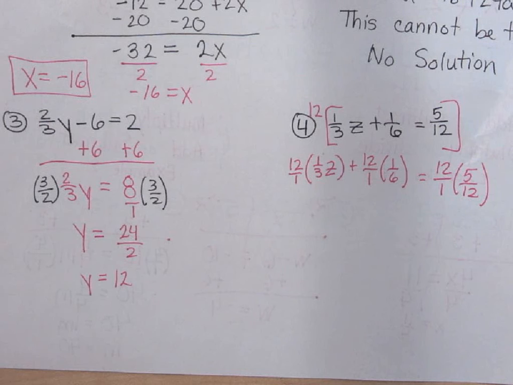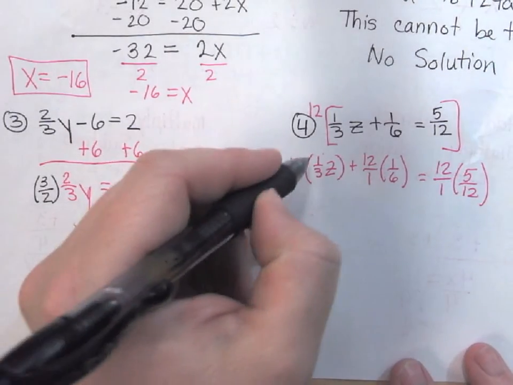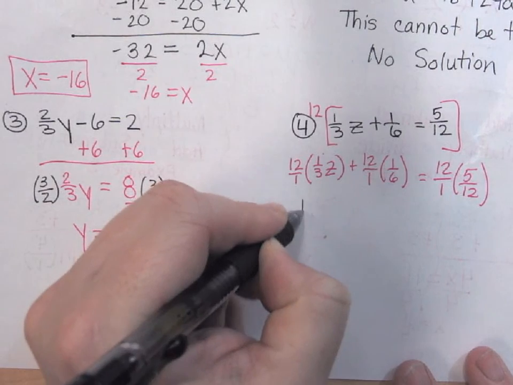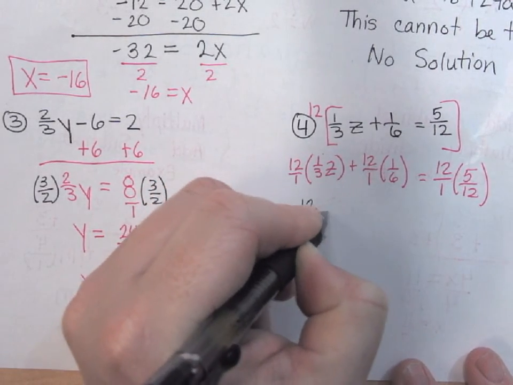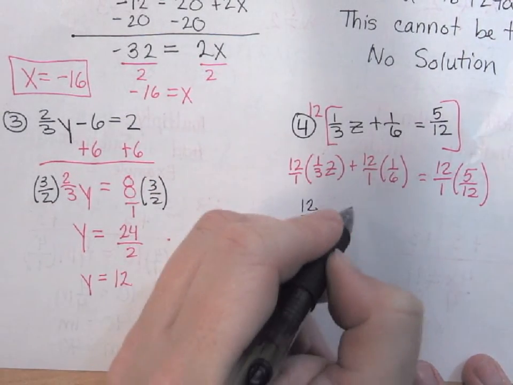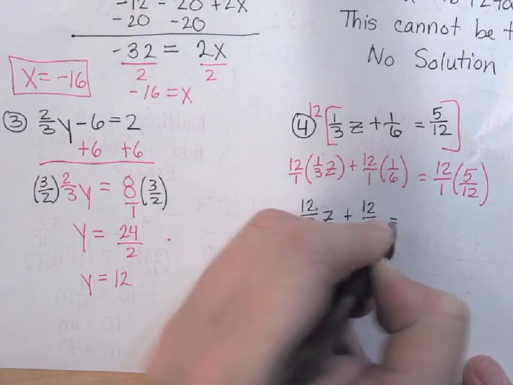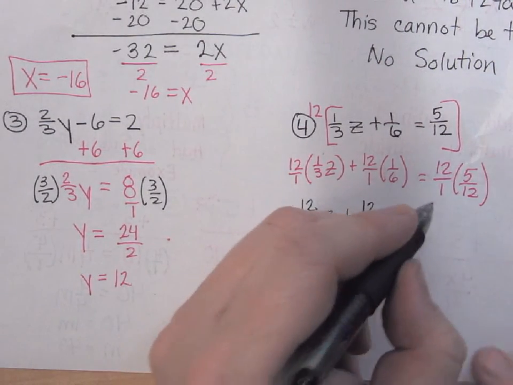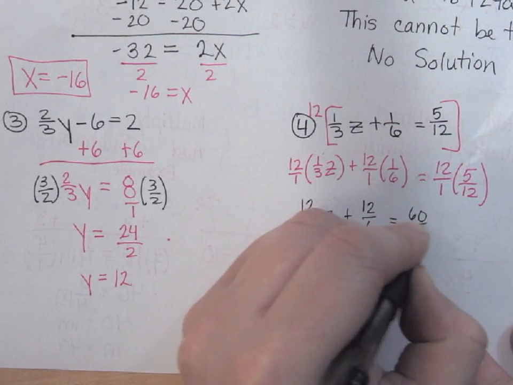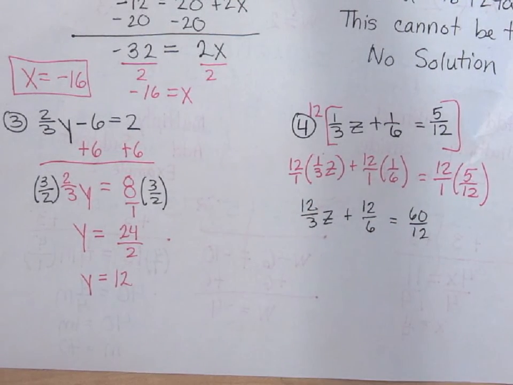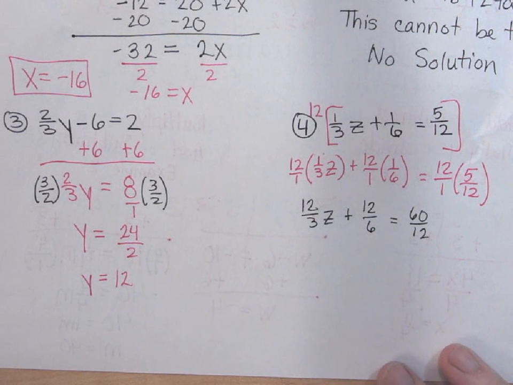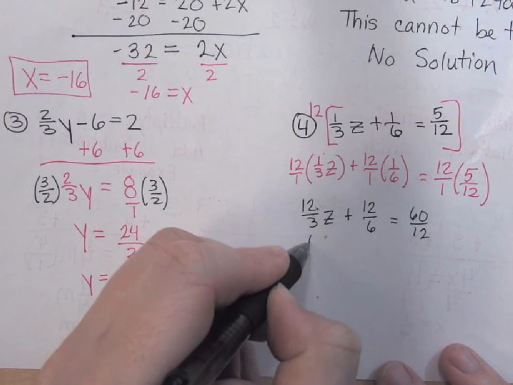And now I can simplify. So 12 over 1 times 1 over 3 will be 12 over 3z. This becomes 12 over 6. And this is 60 over 12. So what is 12 over 3? Just 4, right? So 4z.